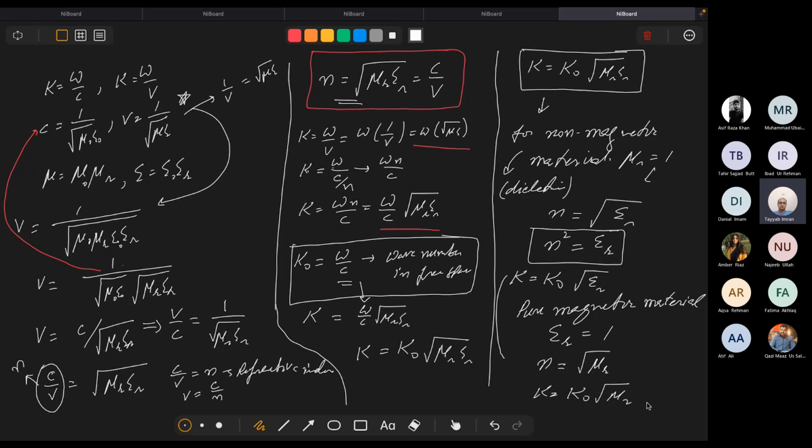तो what we did here, we played around with the propagation vector or the wave number and refractive index and these kind of things.